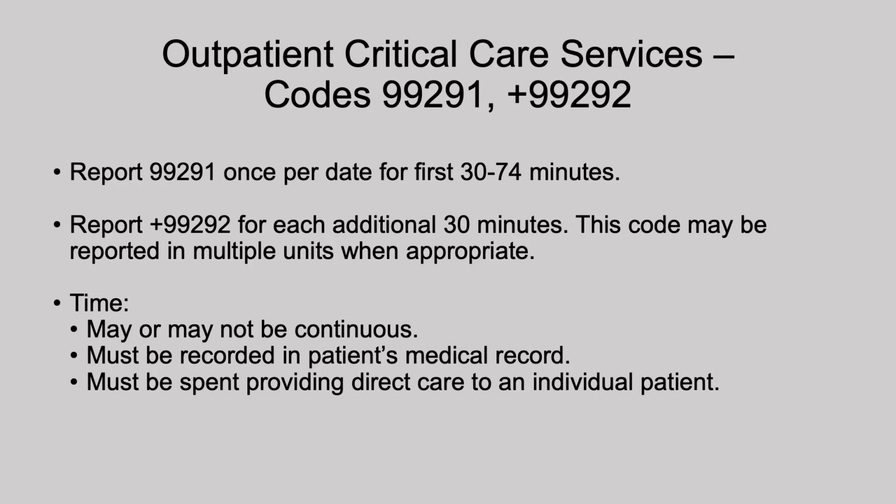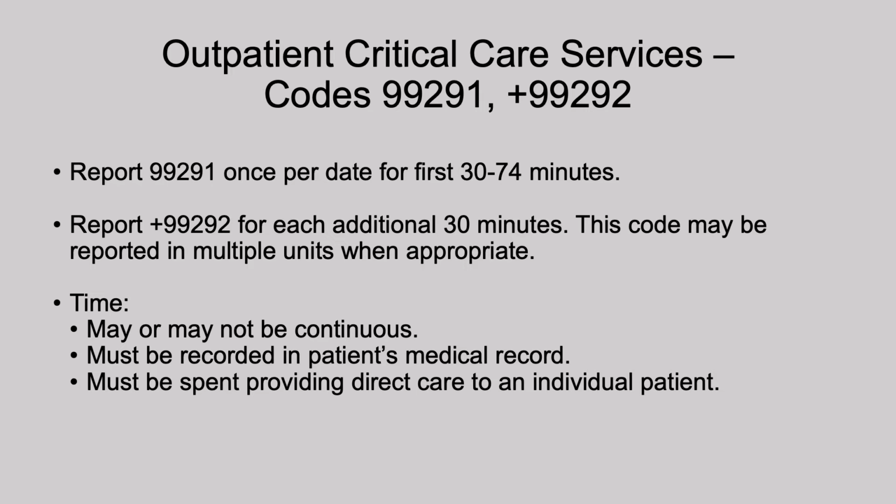So here's the time: 99291 once per date for the first 30 to 74 minutes. 99292 is each additional 30 minutes, so it's an add-on code. And if it's more time than this, you can use 99292 multiple times to capture all of the time. Now the time may or may not be continuous.